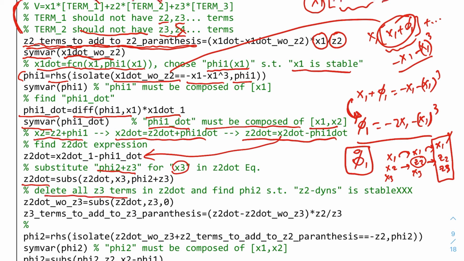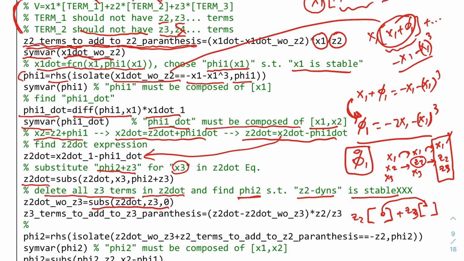Again, the same logic: delete all z3 terms in z2 dot and find phi 2 such that the z2 dynamics is stable. This is typical: you have z2 plus z3 parenthesis type of operation.